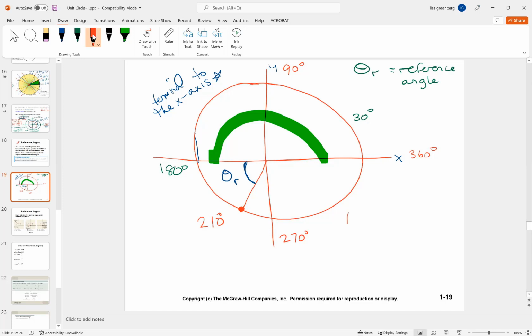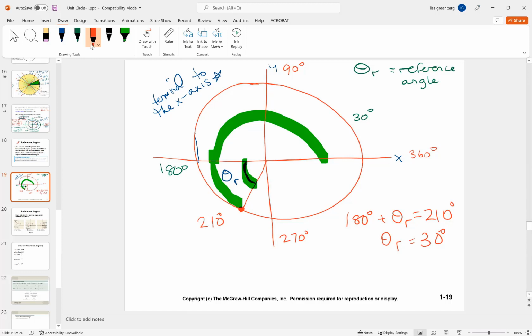I've gone 180 degrees. And then if I continue on and I add my reference angle, right? So now I've gone to my 210. If I add these two together, these have to be 210 degrees, don't they? Yes. Which helps me know if I solve for the reference angle, my reference angle is 30 degrees there.